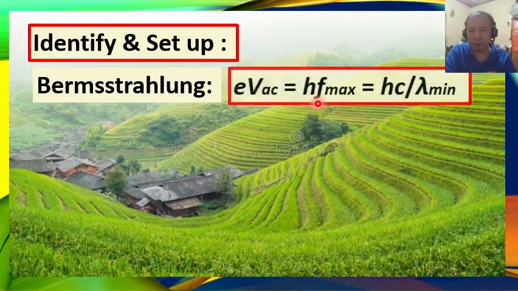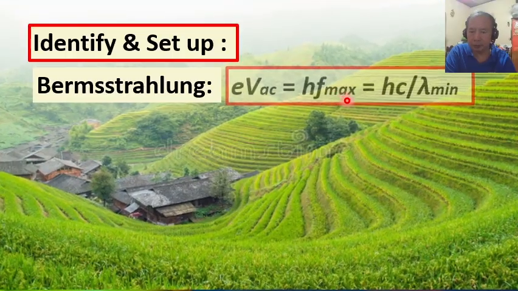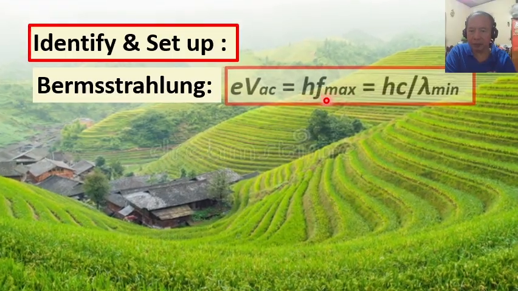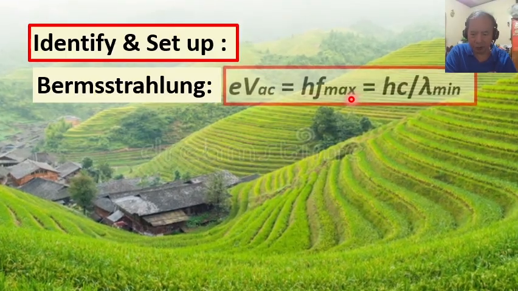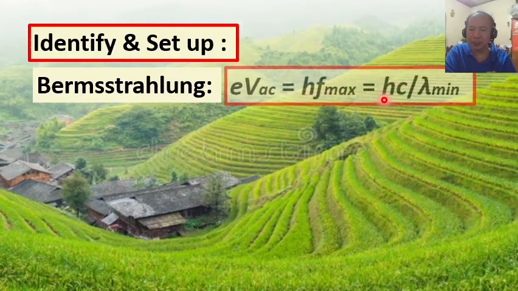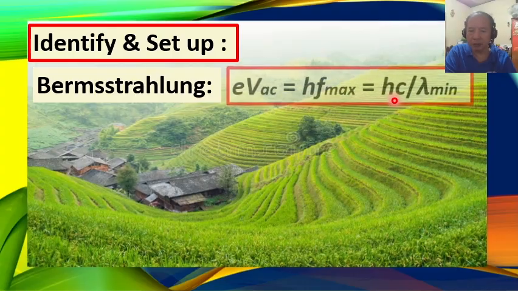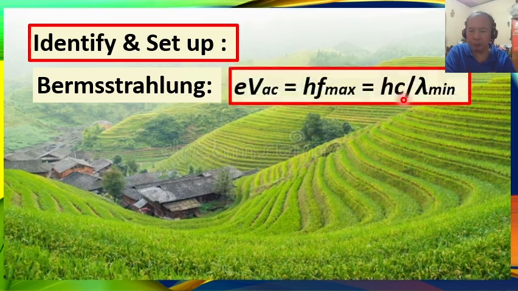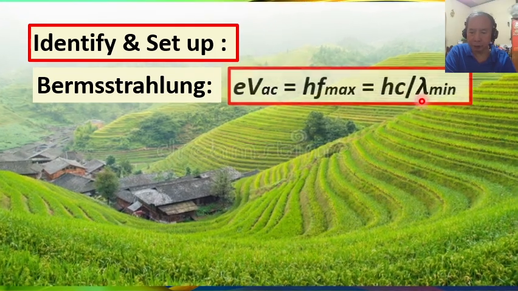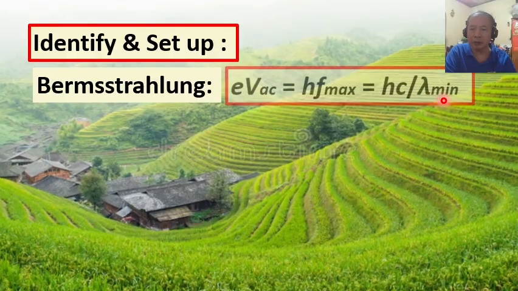So the product of h f max represents the photon energy, which can also be expressed as the product of Planck's constant and the speed of light in vacuum divided by the minimum wavelength of the photon.